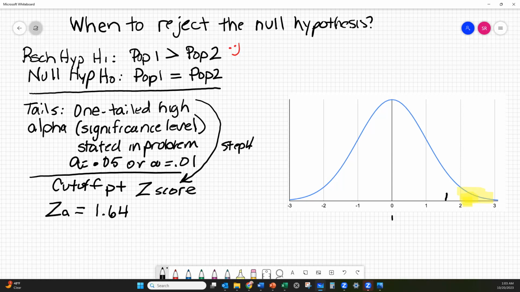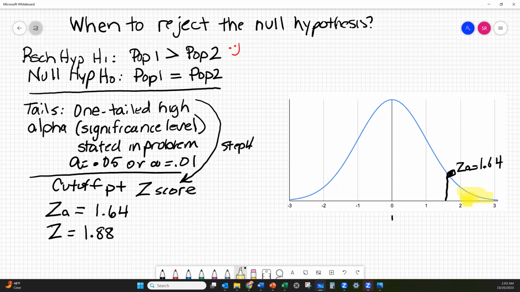Here's the 1.64 right about here between the 1 and the 2. All right. And we'll put ZA equals 1.64. And then we went ahead in step 4 and we calculated our z-score. So we'll write our sample z-score. We'll just put z, and let's say it is 1.88.